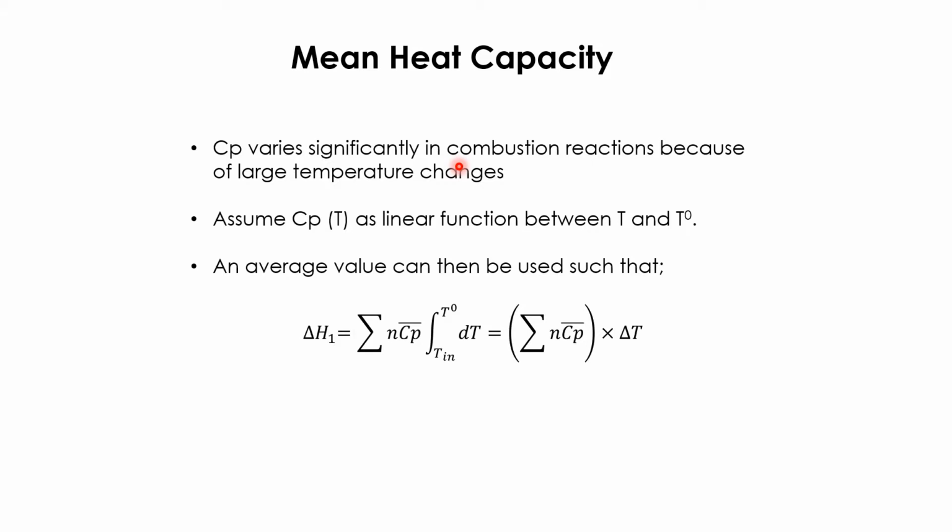Typically we have a set of equations to estimate Cp as a function of temperature, but to simplify in furnace design, we use the average Cp at a given temperature. So delta H1 can be simplified as the sum of the moles of each component multiplied by the Cp integration from the inlet temperature to the standard temperature.